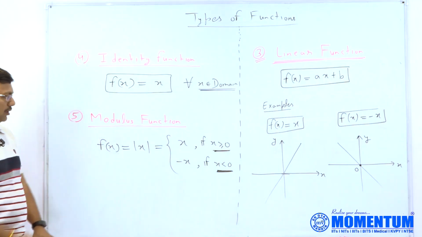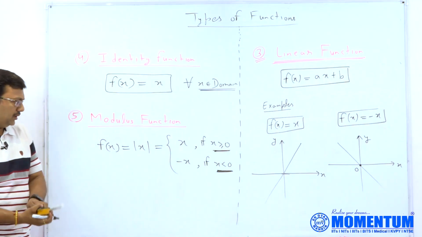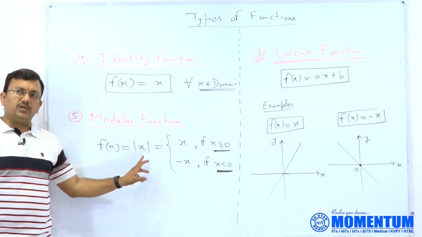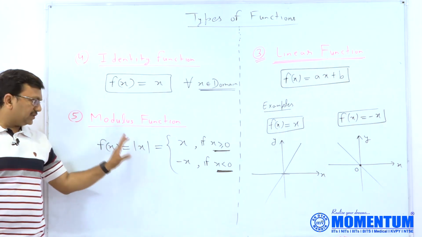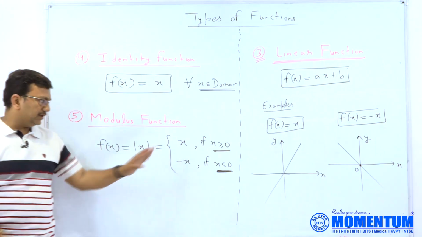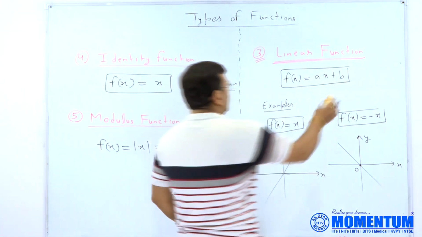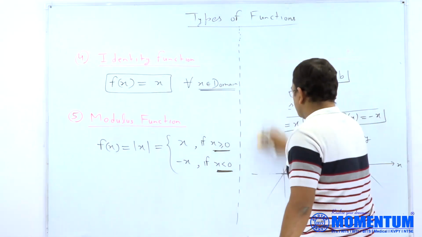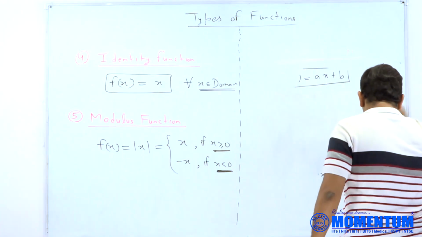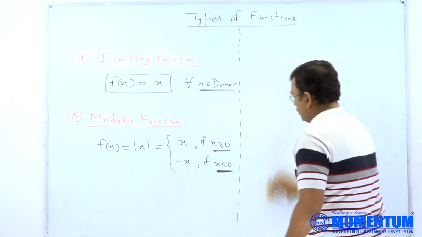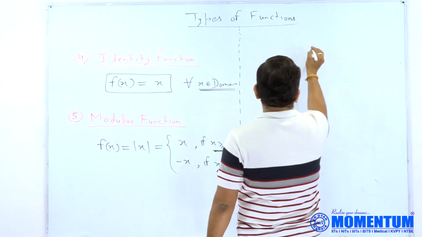This function is called modulus function. You must know this symbol. This is the symbol of mod. The mod of x is called modulus function, which is x when x is positive, minus x when x is negative. We can draw the graph for modulus function.